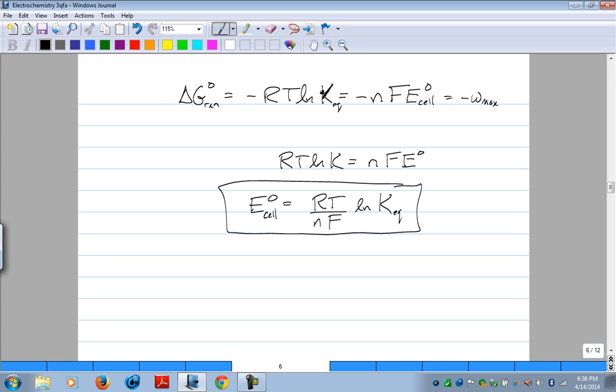So to summarize, for a given reaction at a given temperature, delta G standard, the equilibrium constant value K, the cell potential difference standard, E0 cell, and the maximum amount of work that you can extract from that reaction are all interrelated and are all constant.